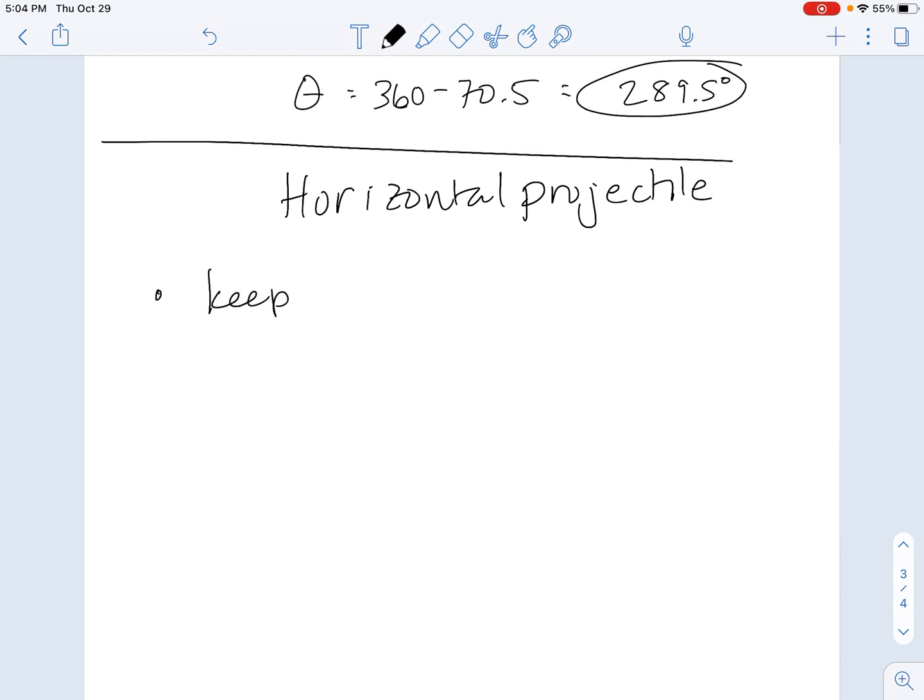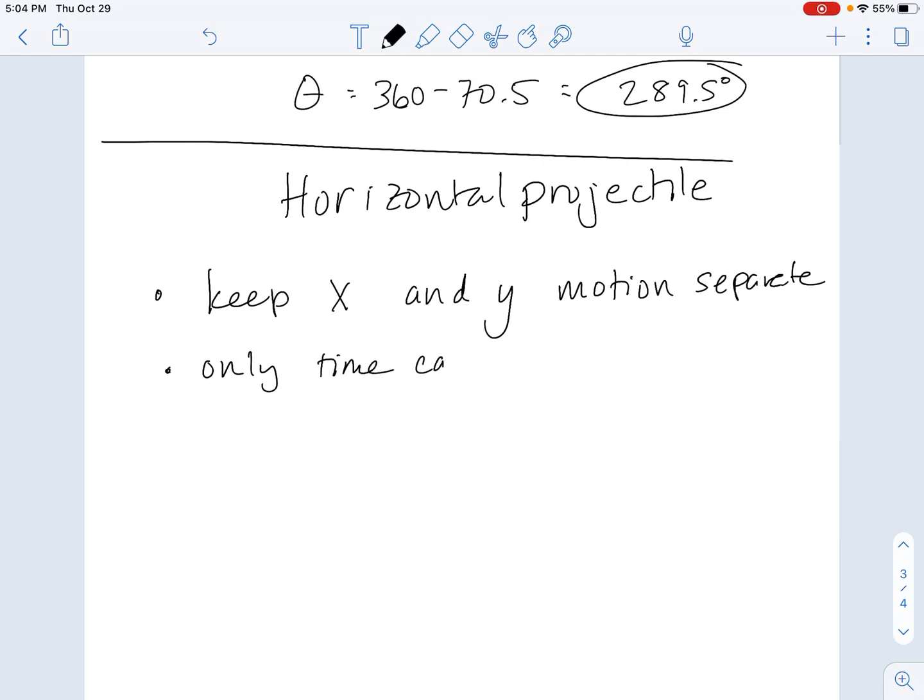To sum up, we want to keep the horizontal and vertical motion separate. Only time can be used in both equations.